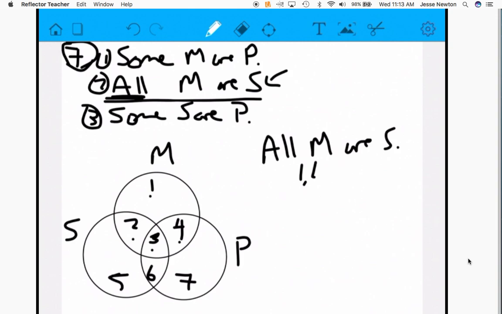And S is 2, 3, 5, and 6. Okay, and what we do is we circle the regions of overlap. 2 and 3. Scribble out the 5 and 6, we don't care. Now what this is telling us is that all the M's are located in 2 and 3.